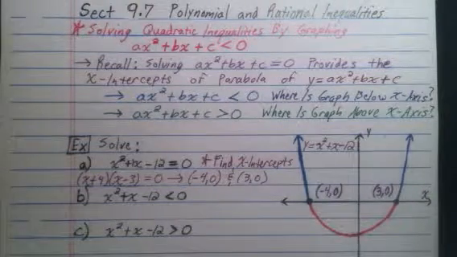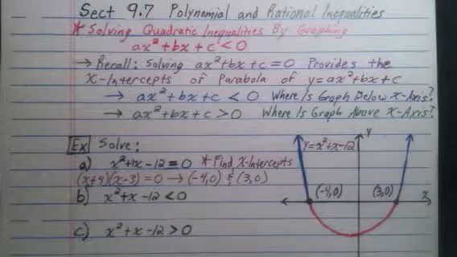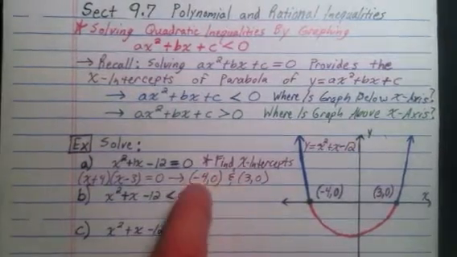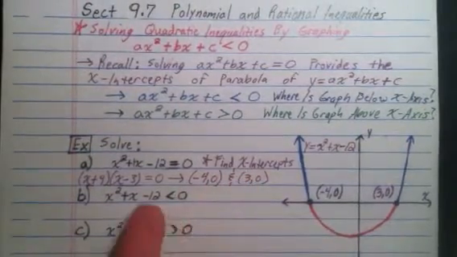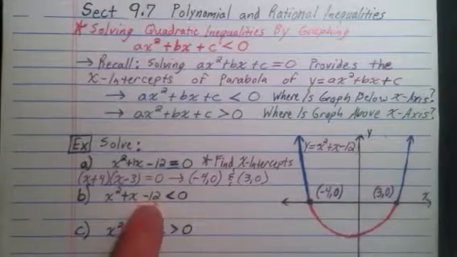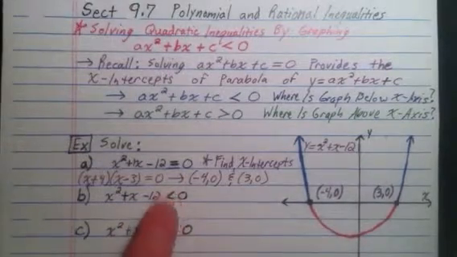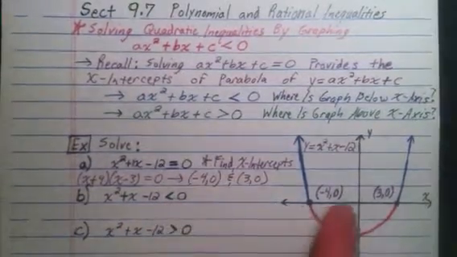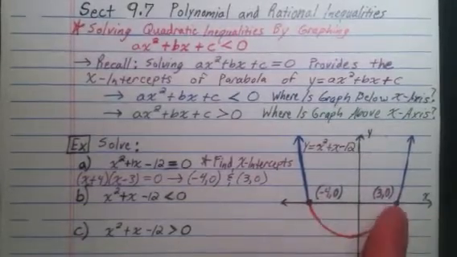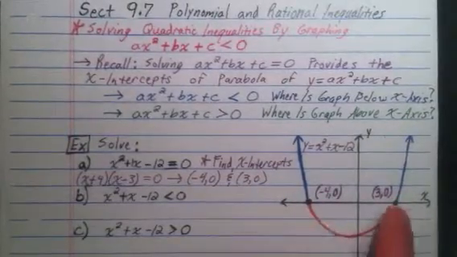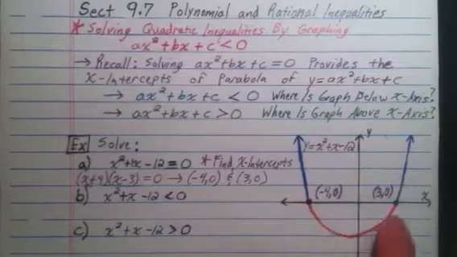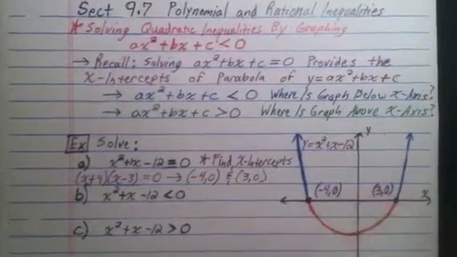So to answer part B, because the answer to part A would be telling the two x-intercepts, -4 and 3, the answer to part B is asking where is it less than 0, so where's the graph below the x-axis. And it's below the x-axis for this little bottom loop here, from -4 all the way to 3. We look at the x values.